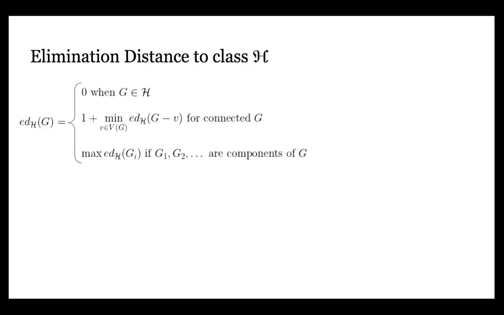As with elimination depth, the elimination distance to H can be defined recursively, with elimination distance being 0 for graphs belonging to the class H, and then through this recursive process where we remove one vertex from a connected graph and continue the process, or when the graph gets disconnected, we take the maximum over all the components.